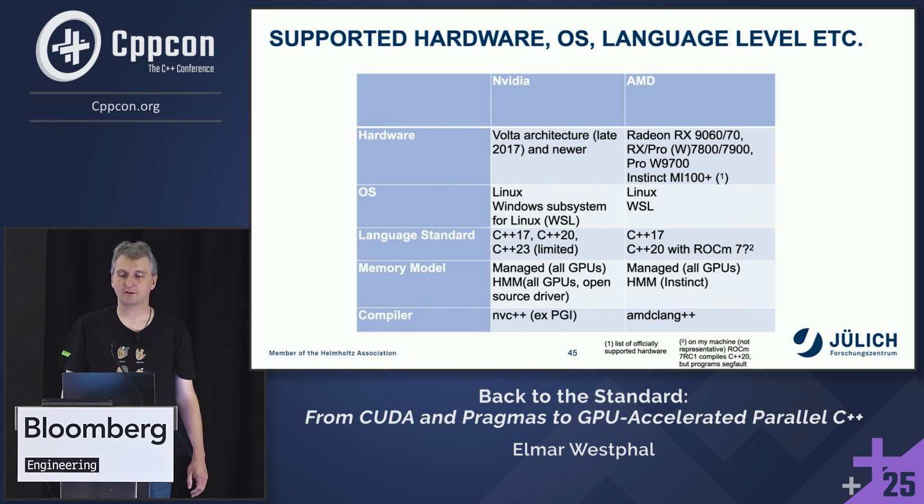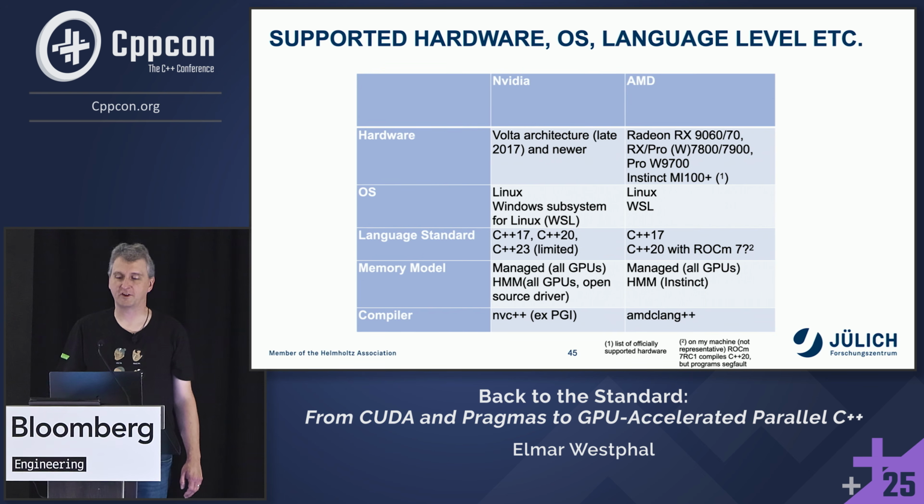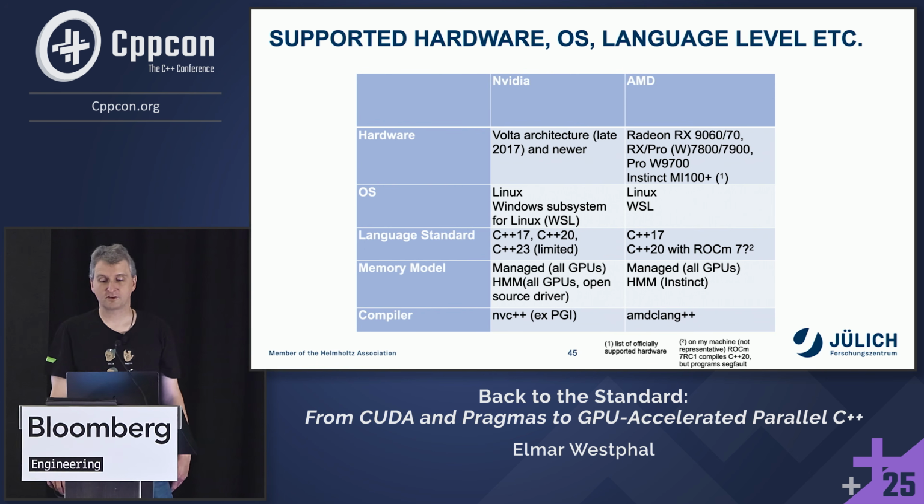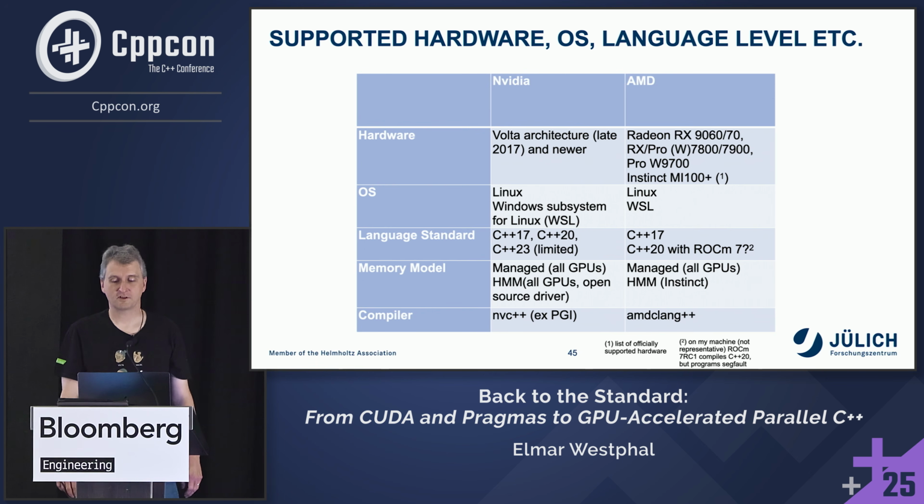With AMD, there is support for some of their mid to upper range consumer cards and the data center cards from the Instinct series. It works on Linux and Windows Subsystem for Linux. C++17 is supported. C++20 is supposedly supported according to the documentation on ROCm version 7.